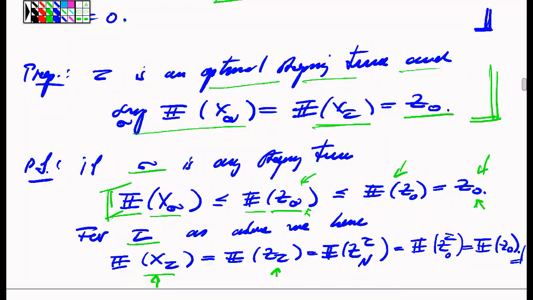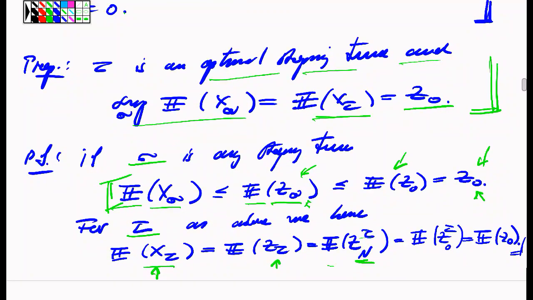Okay, Z_tau, we can write this thing also as the stopped process of the supermartingale Z evaluated at the terminal time, because tau is no bigger than n anyway, so the minimum of tau and n is tau, so that's just another way to write this quantity. But now we know that this Z^tau, the stopped process, is a martingale, which in particular has constant expectation, so this expected value is the same as the expected value at initial time.